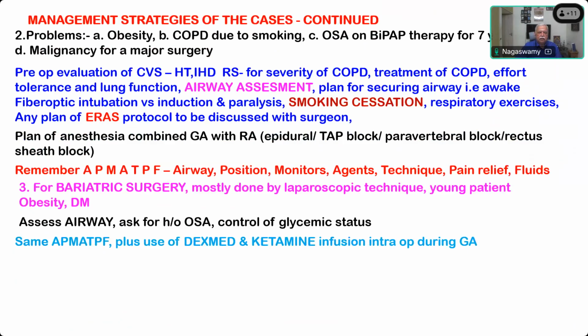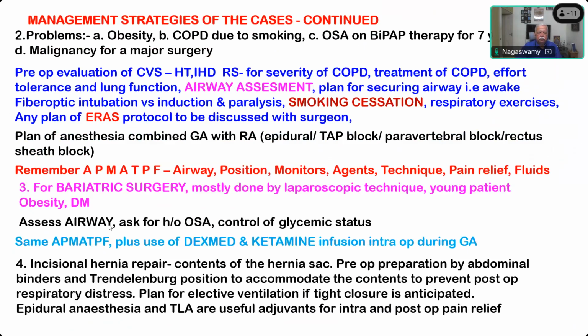And the technique for bariatric surgery nowadays recommended is IV infusion with dexmed and ketamine. Instead of inhalational agents like desflurane, dexmed and ketamine infusion with controlled ventilation is the technique that is being recommended.